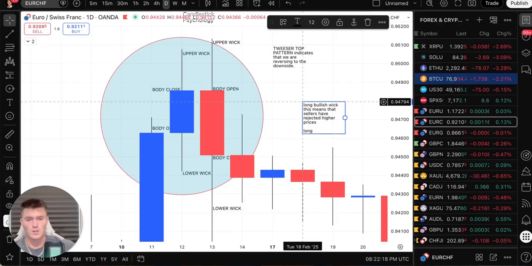Long lower wicks mean buyers have rejected lower prices.